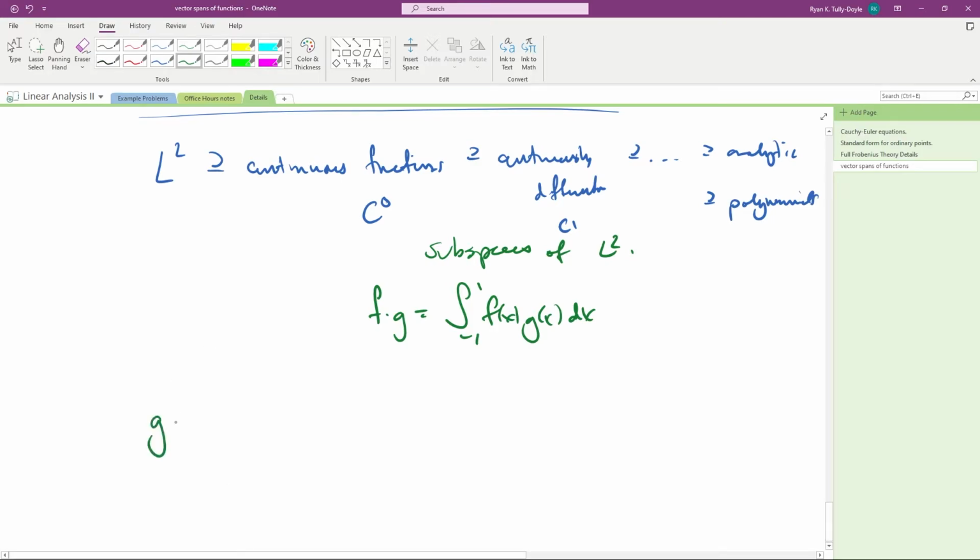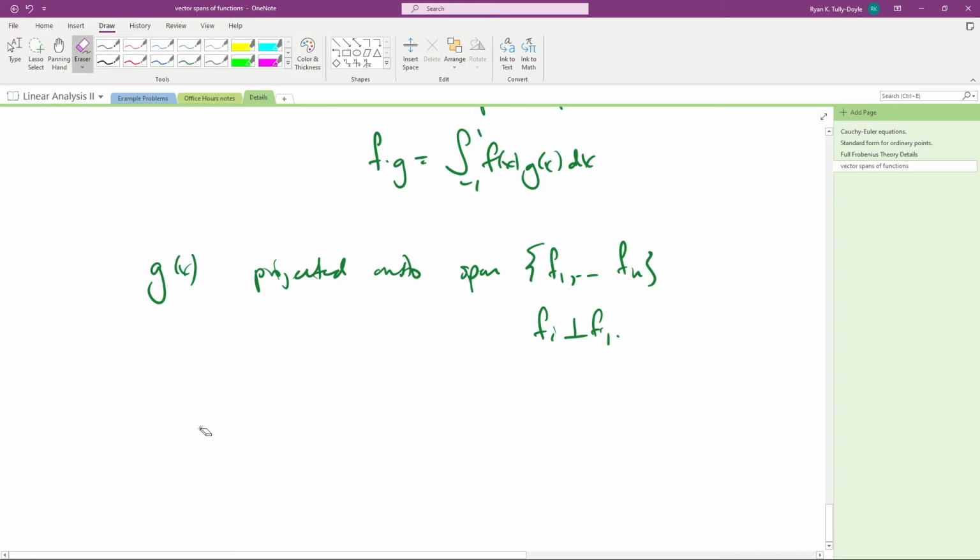If I had some function g of x, and I wanted to project that function onto the span of, say, functions f1 to fn, where all of the fi's are orthogonal to all the fj's, then I could write down that the projection of g onto the span of f1 through fn is just the sum from i equals 1 to n of the inner product of g with each fi over fi dot fi times fi. It's the same formula as it was in the finite dimensional case.